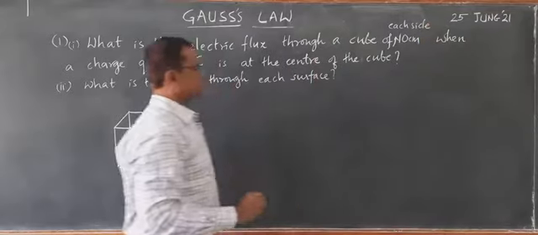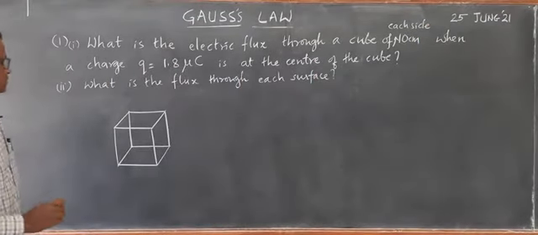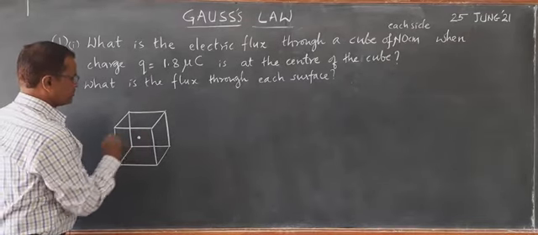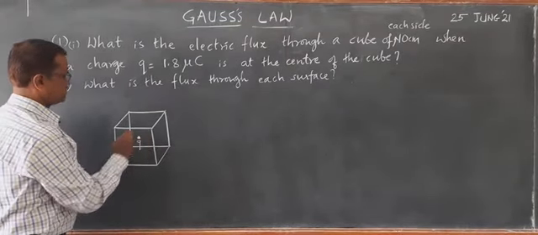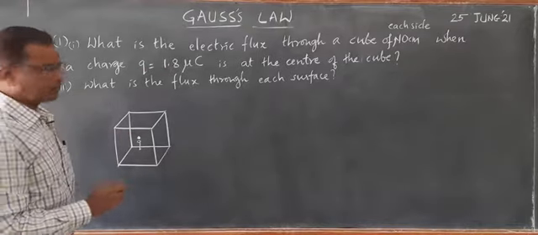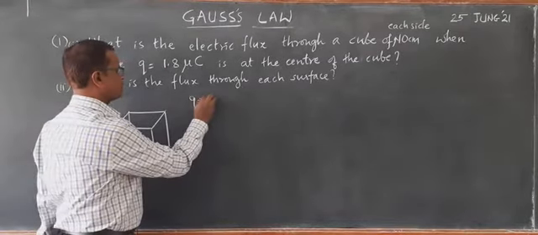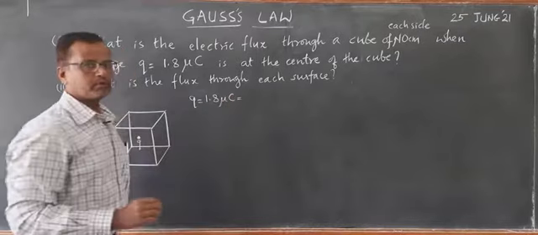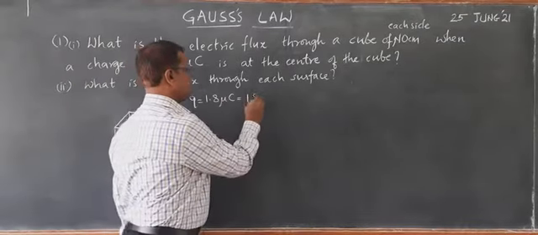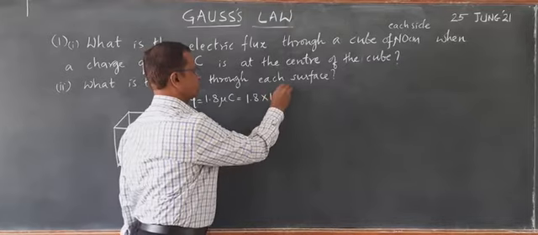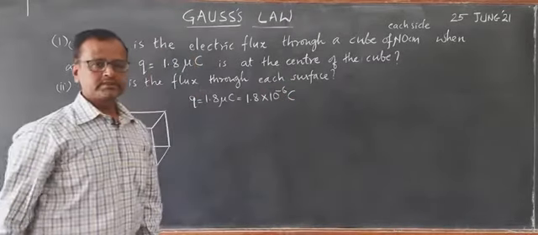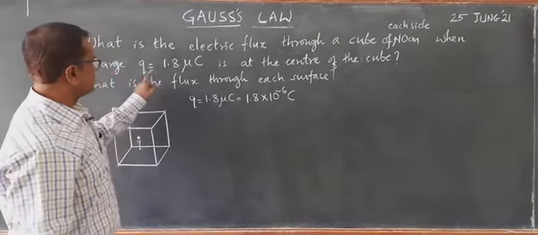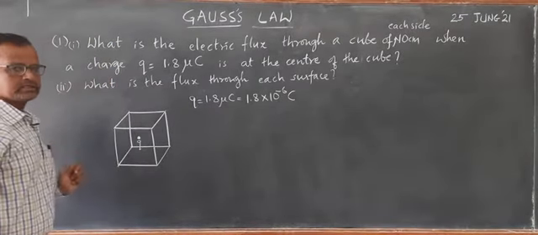At the center of this cube, there is a charge. The charge value is given as 1.8 microcoulomb, which is nothing but 1.8 into 10 to the power of minus 6 coulomb. What is the flux linking with this cube?